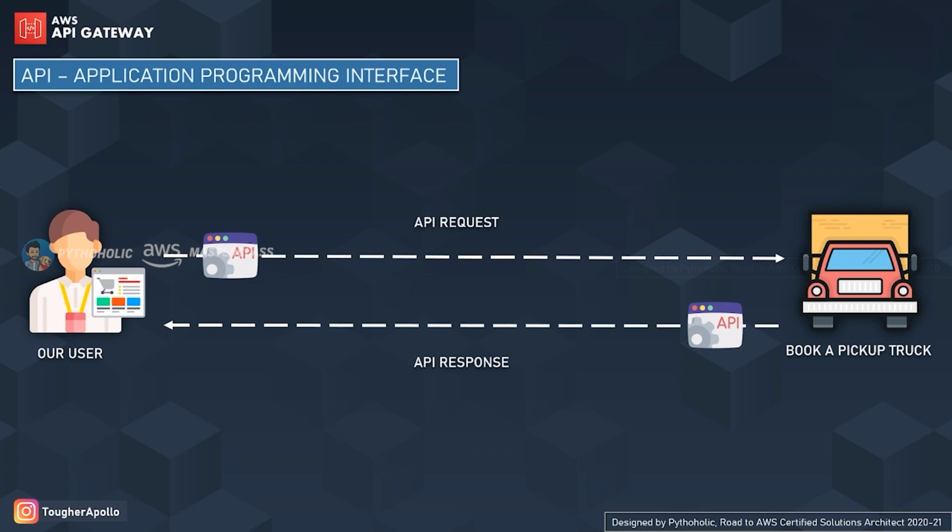The simple visual here tells us how the API request flows and how the response comes back to the user. It's all about the request that has been sent and the response that has been received. I hope you're already starting to get the hang of what APIs are. Let's move on.